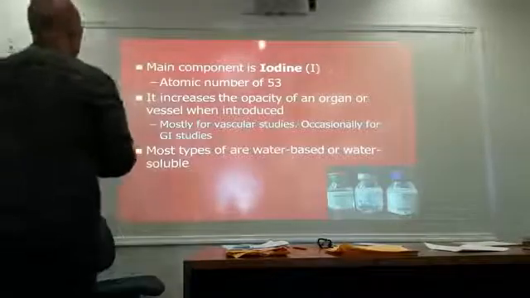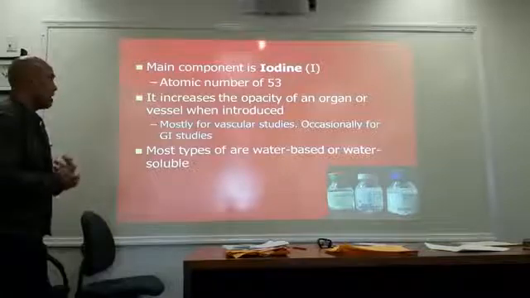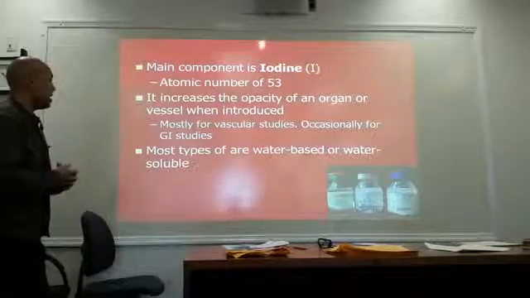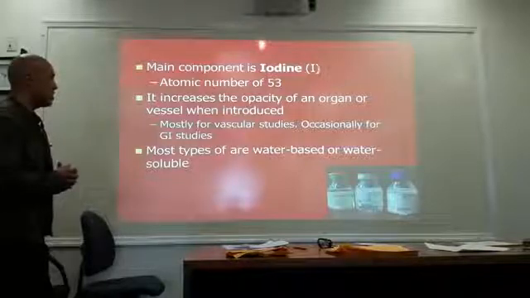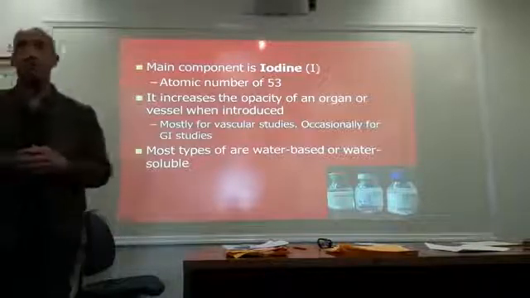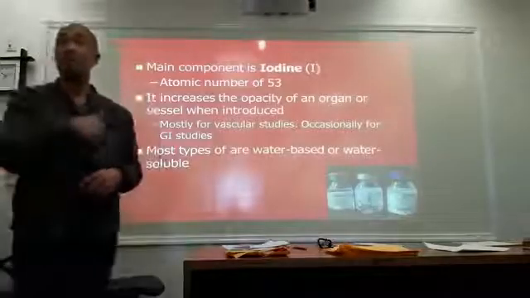So, iodine increases the opacity of an organ or vessel when introduced. Again, it's mostly done for vascular studies and occasionally for GI studies. Iodinated contrast is water soluble, which means that your body is going to absorb it. Remember, barium is metallic.